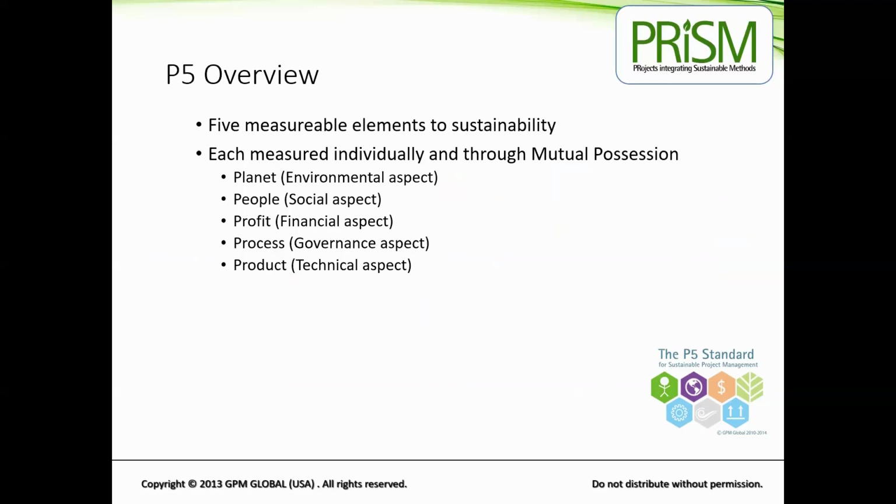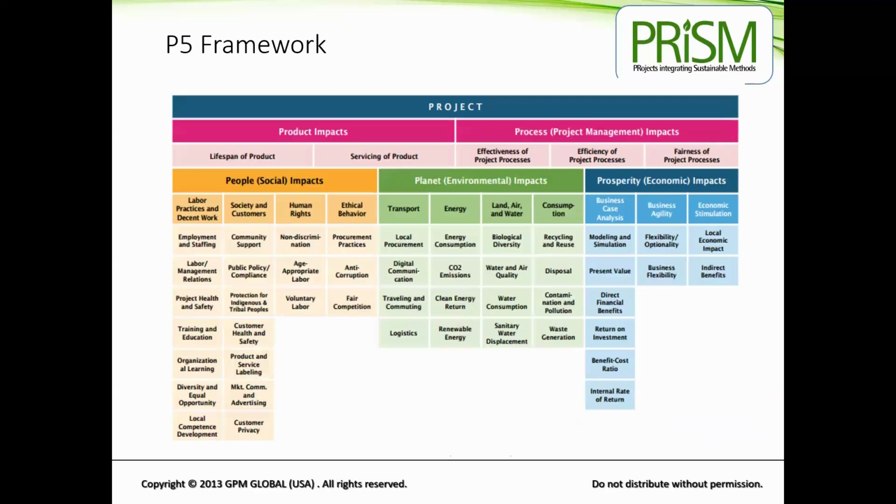The first P is planet, the second P is people, the third P is profit, or prosperity, the financial aspect, the fourth P is process, the governance aspect, and the last P is product, which is the technical aspect. Now, let's look at the framework itself.